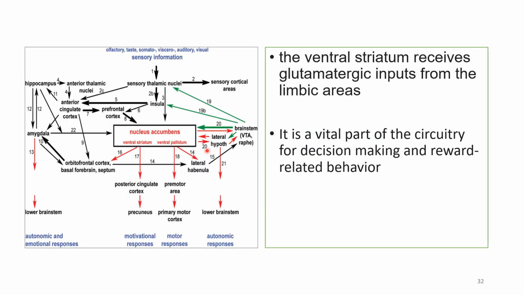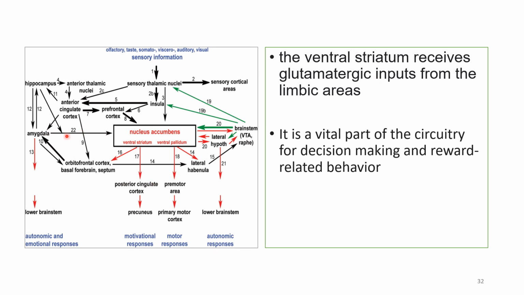You can see here, this is the diagram showing the nucleus accumbens. The ventral striatum actually receives glutamatergic inputs from the limbic areas, the amygdala for example. So these are the limbic areas.